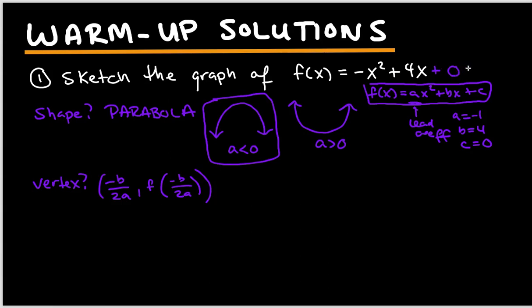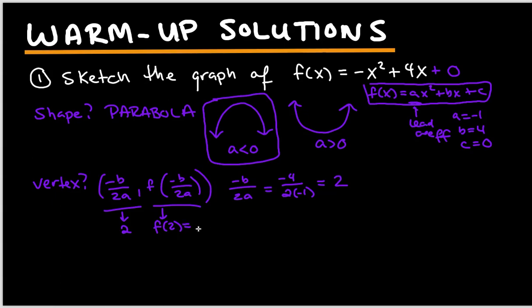Okay? So, what is -b over 2a? Well, -b over 2a is -4 over 2 times -1. So, -4 over -2, and that gives you 2. Okay, so for -b over 2a, we get 2, right? For f of -b over 2a, that's the same as f of 2, right?